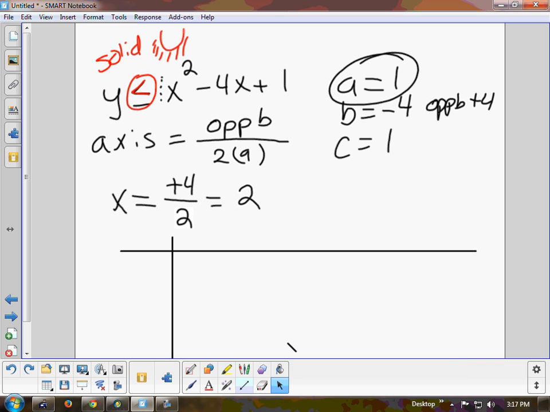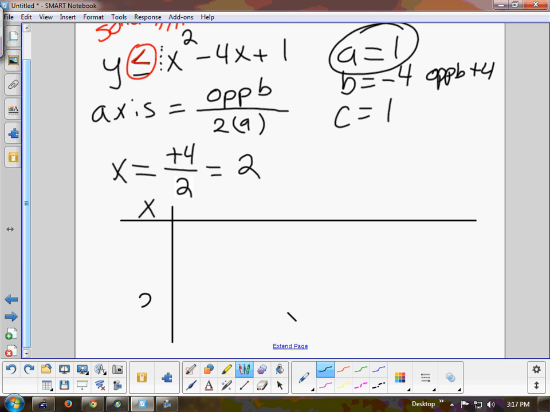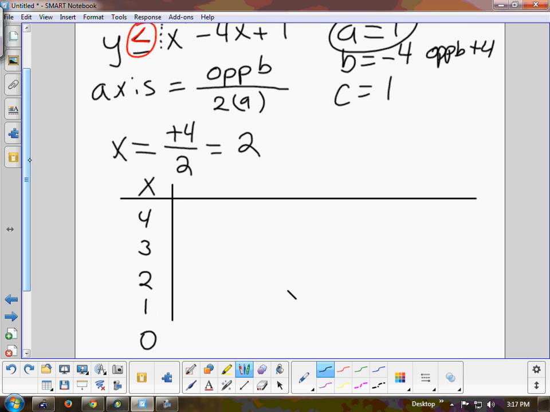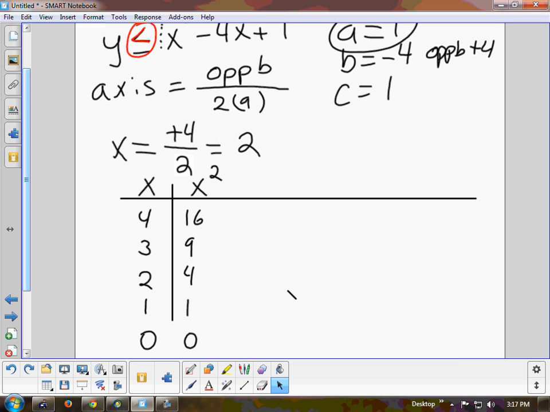Okay, we need our x values, and they're centered around 2. So I'm going to go 3 and 4, and 1 and 0. Okay, always going to square the values and find out what x squared is. So that's going to be 16, 9, 4, 1, and 0. Okay, our next term, so we're taking care of the x squared.